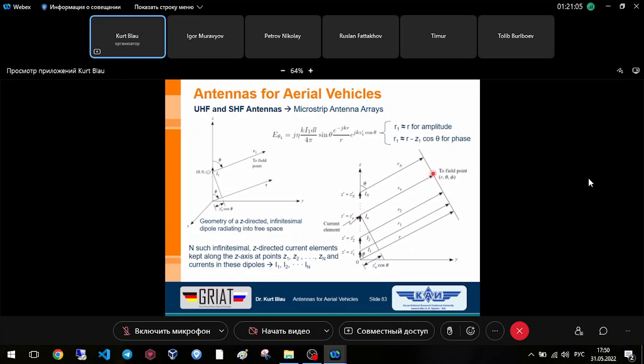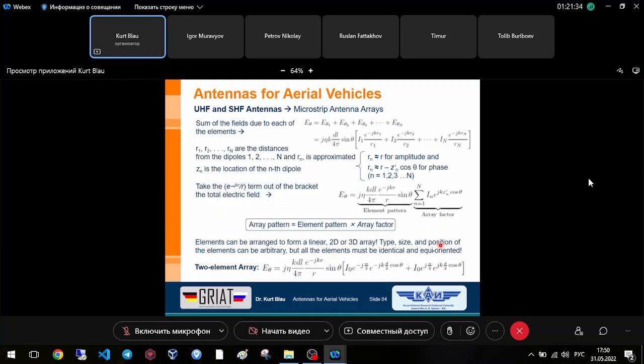This is our wavefront, and from the origin, the first element, to the other elements we have, let's say, different distances. It's clear, but if we look at a very, very large distance, then the difference between this radiation length makes no large difference.